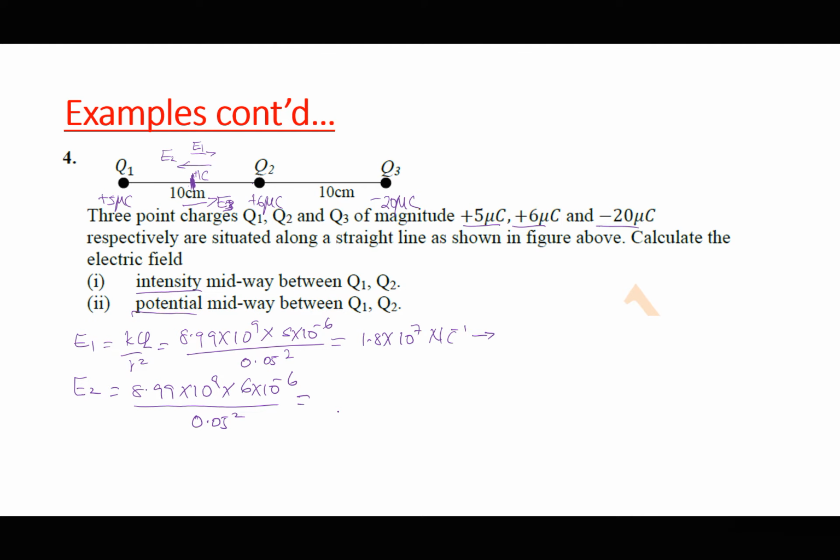I press my calculator, and this is giving me 2.16 times 10 power 7 newtons per coulomb. This E is to the left. I find E3, similar: 8.99 times 10 power 9 times 20 times 10 power -6, divided by the distance between Q3 and the midpoint, which is 10 centimeters plus 5, which is 0.15, and this is also squared.